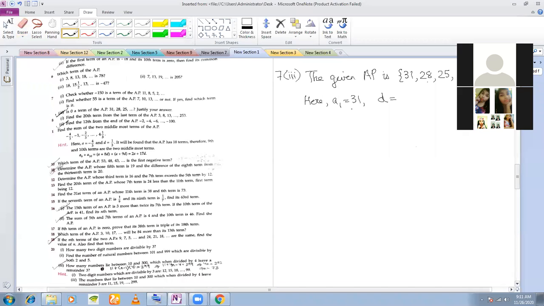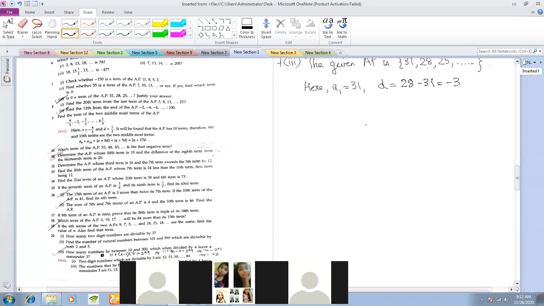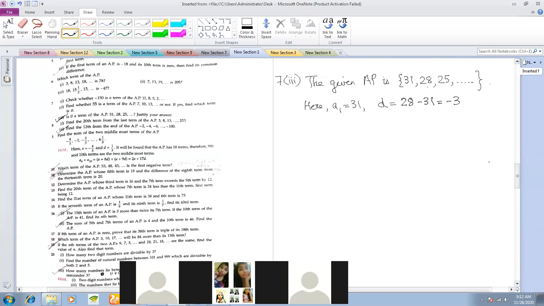So let's take the common difference as 28 minus 31, which is minus 3. So you have your first term and your common difference. Now the point is whether 0 is a term or not. I don't know.